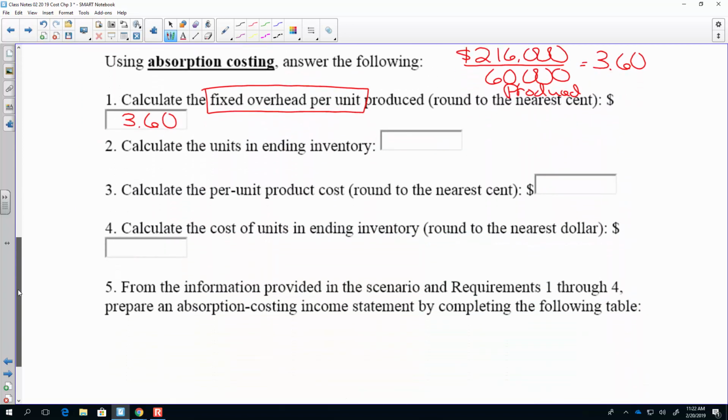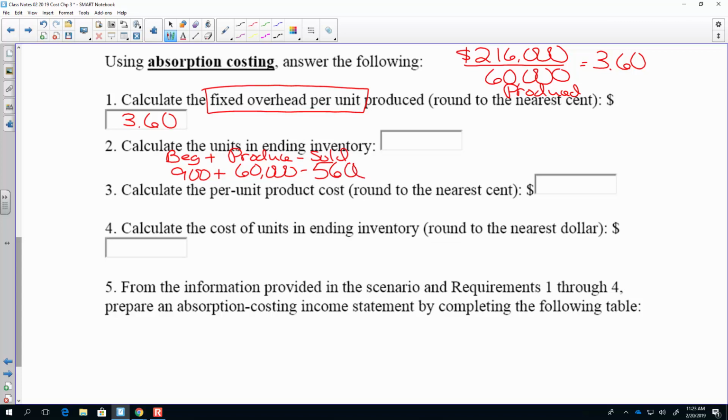Units in ending inventory. What's my formula? Beginning inventory plus produced, minus sold. So we had 900 in beginning, we produced 60,000, we sold 56,000.